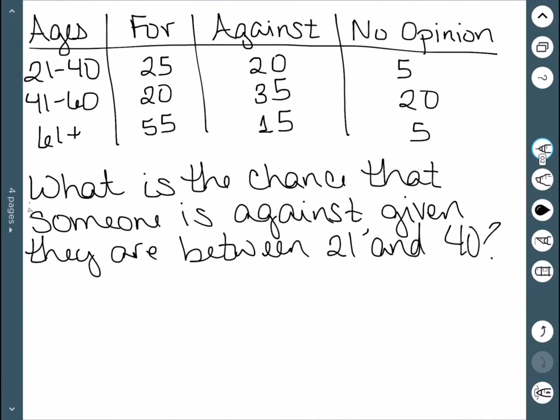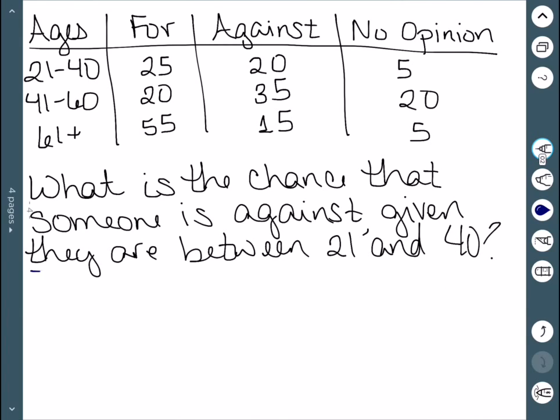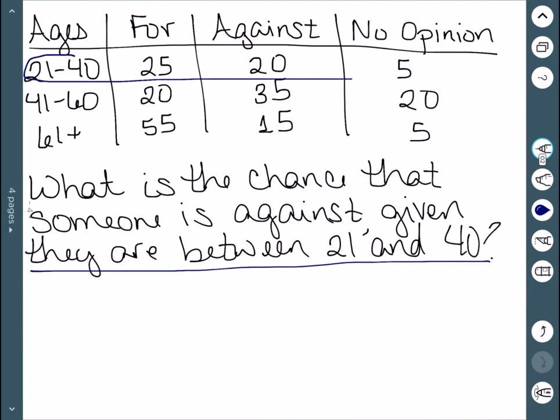As our first example with this, we're going to see what is the chance that someone is against our bill given that they are between 21 and 40. And this given part here is going to be key. We know that they are between 21 and 40. So the only thing we care about in this table is the 21 to 40 row. And we can ignore the rest of the table.